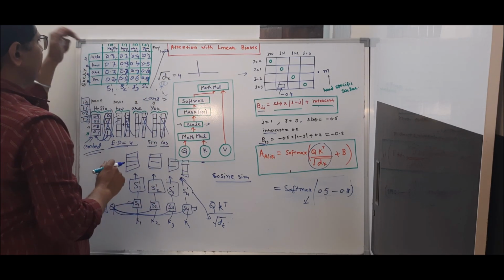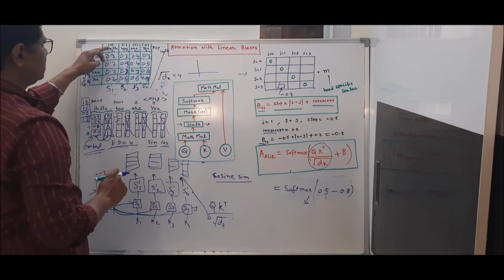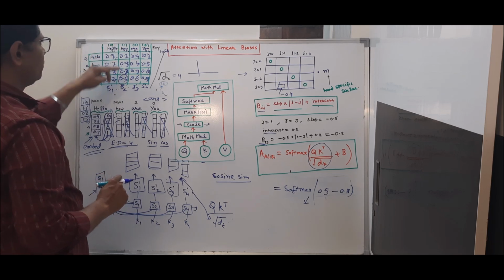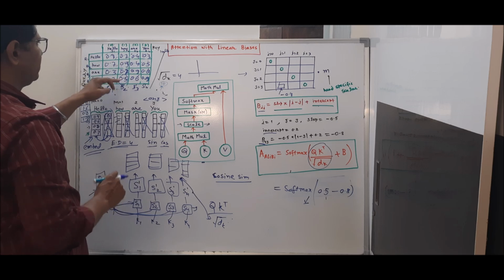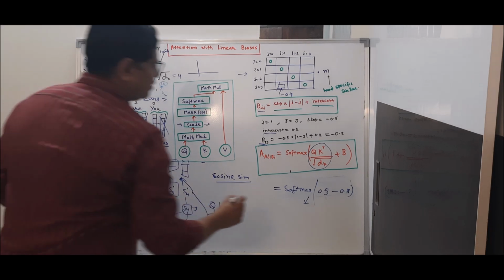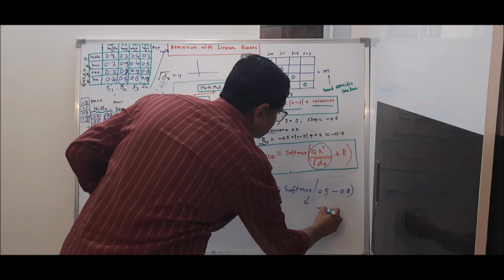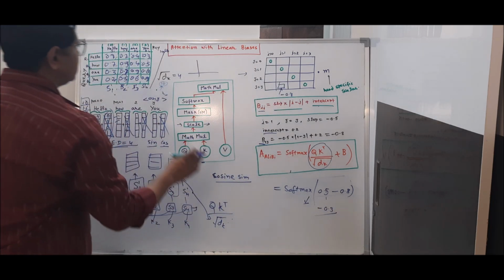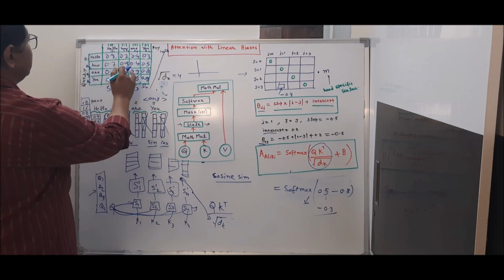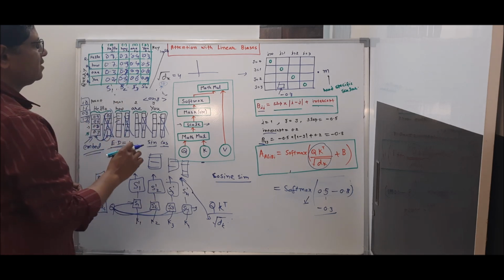Suppose hello and you are distant; here you can see that it is minus 0.3. So you can see that it is adding some negative bias.